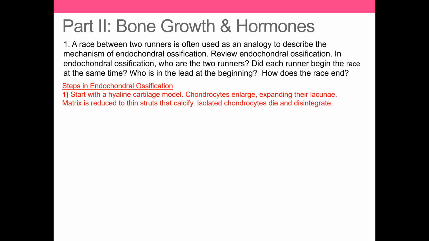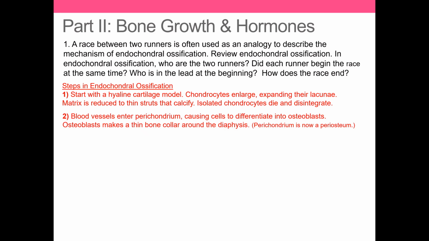The chondrocytes that are isolated now die and disintegrate, leaving cavities behind. Blood vessels then enter the perichondrium, causing cells to differentiate into osteoblasts. The osteoblasts are going to make a thin bone collar around the diaphysis, and the perichondrium is now a periosteum.